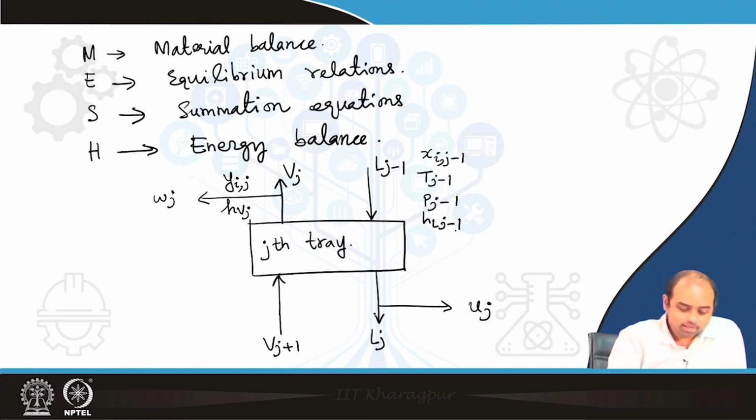Similarly, let us write down the index for the vapor stream entering the system: y i j plus 1, then we have T j plus 1, P j plus 1, and we have hv j plus 1. In this case you have x i j and HL j.